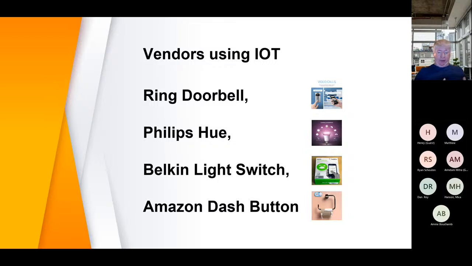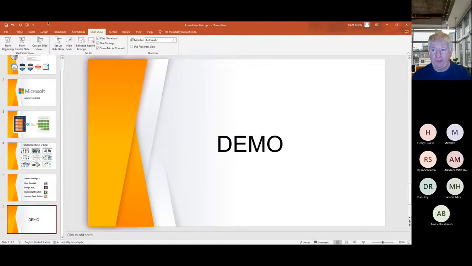These are all IoT devices. Then the Belkin light switch: if you're going away on holidays, you can turn the lights on to let burglars think there's somebody at home. And Amazon is in on it as well with the Dash button, so you'll never run out of toilet paper again. So we'll just go on to the demo.